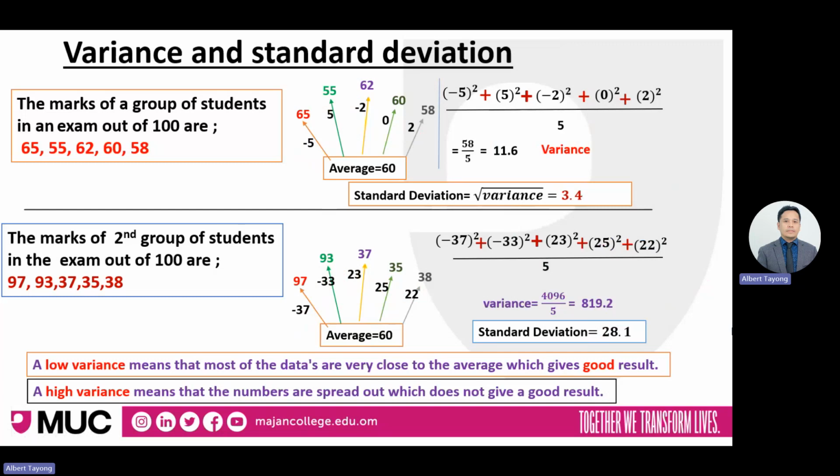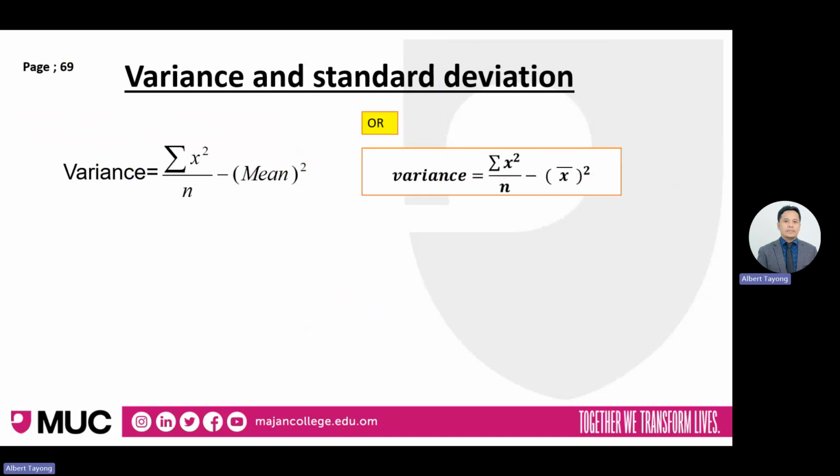So let's now use the formula. This method here is the manual method. In your exam, I don't suggest that you use the manual method. I'm suggesting that you use the formula, this formula. Okay, so the formula is very simple.